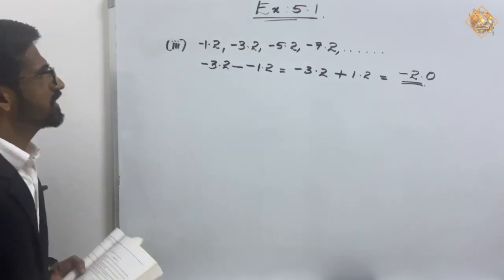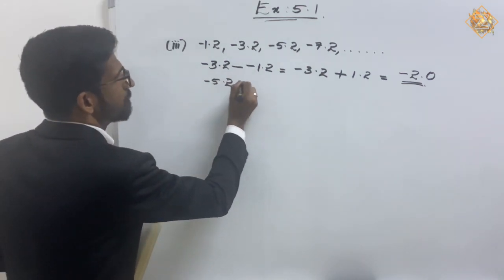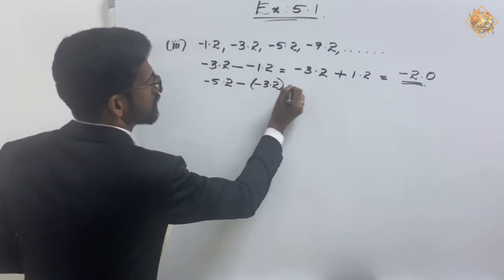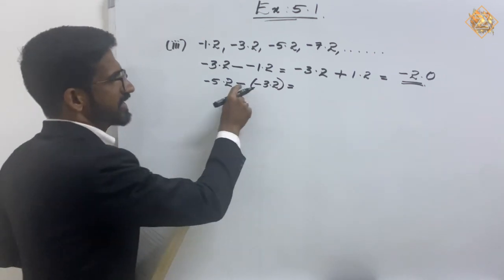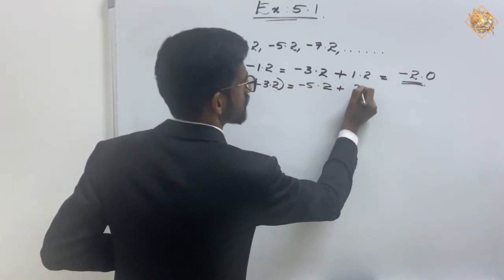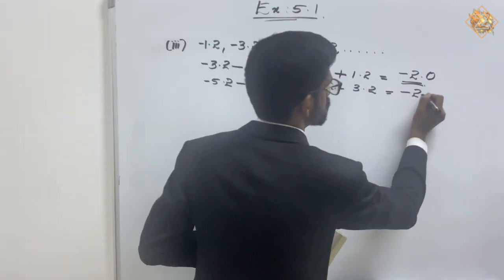Is it clear? Now from the third term, that is minus 5.2, we will subtract the second term, that is minus 3.2. Is it, students? So here again, minus minus, it will become minus 5.2 plus 3.2, and again we will get the answer as minus 2.0.